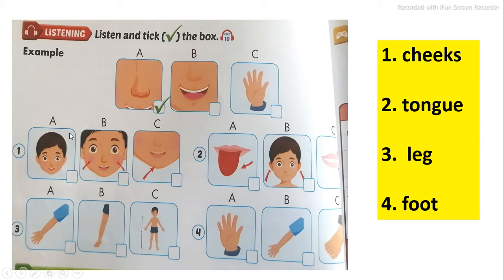The first word is cheeks. Can you put a tick at the bottom of the picture of cheeks? Number 2 is tongue.